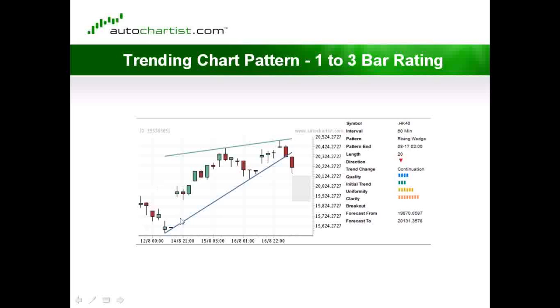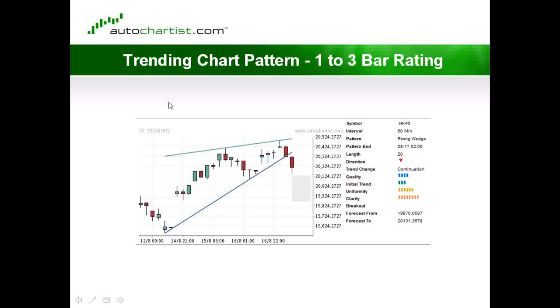And this action in the beginning, with this gap and this sideways action and these thin candlesticks, tend to indicate that although we have a trending pattern, which is a rising wedge, this is a weak trending pattern. That's what we're looking at with these three-bar initial trend.